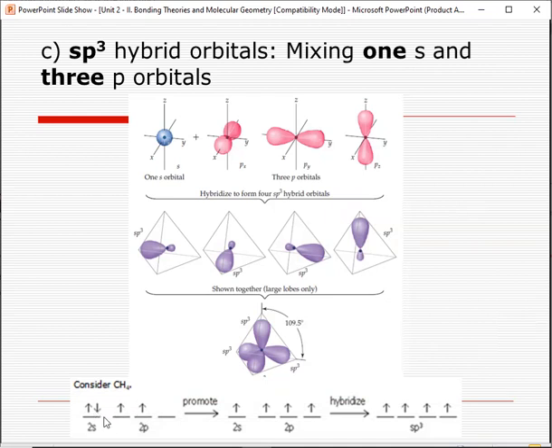One of the electrons in the 2s orbital can be promoted to the empty 2p orbital. Therefore, carbon has 4 bonding electrons. When this is hybridized, it becomes sp3.